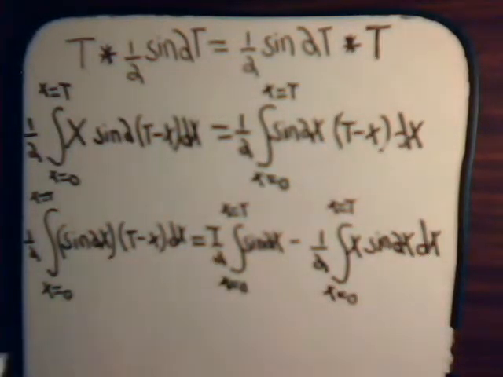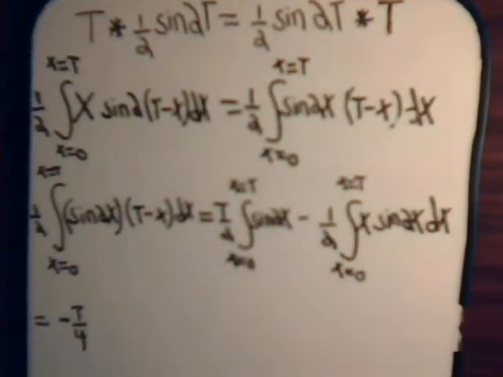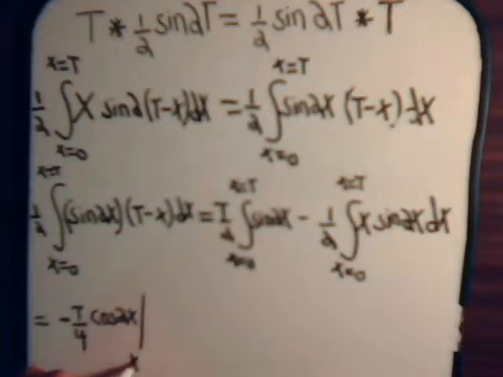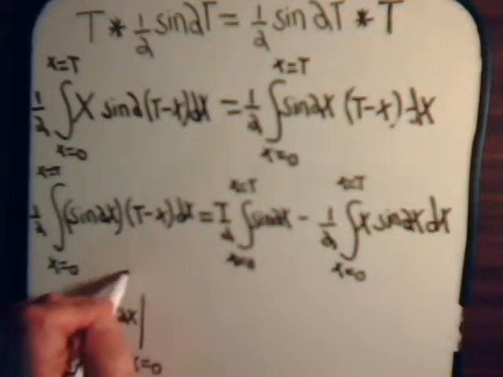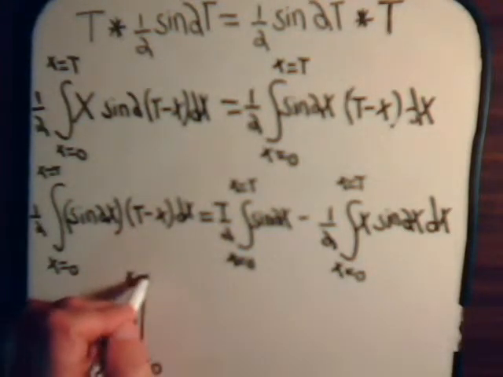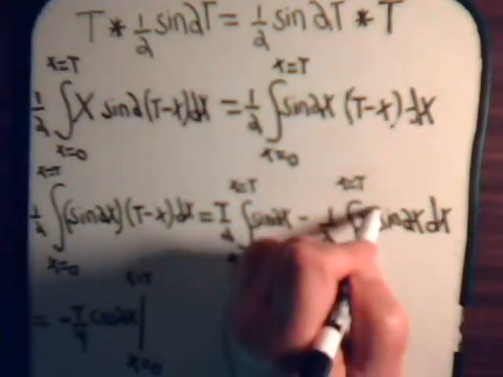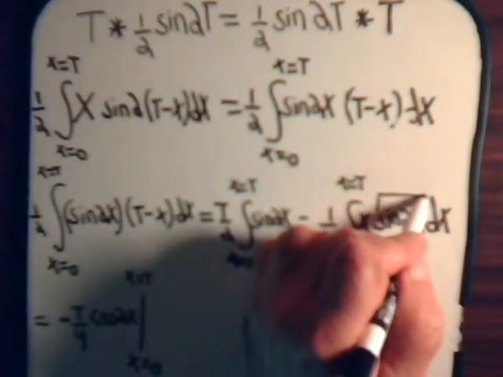So this one, the first one, just gives us minus t over 4 times the cosine of 2x, and x goes from 0 to t. And now here we have x times the sine of 2x.